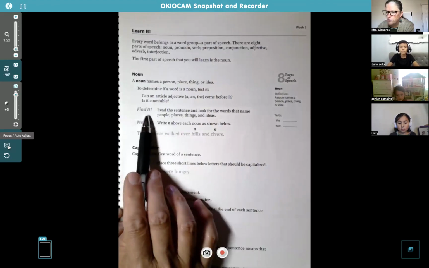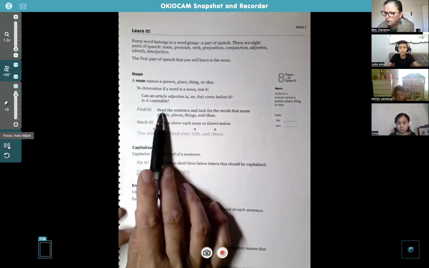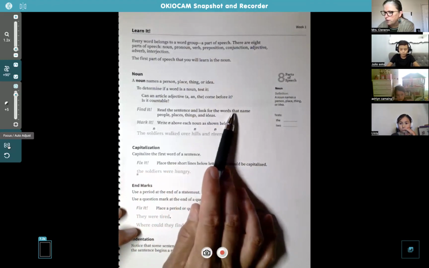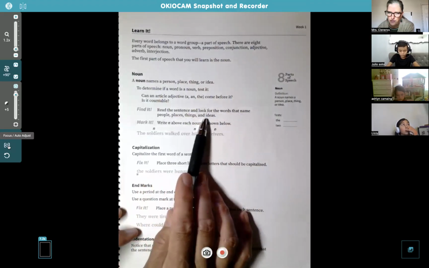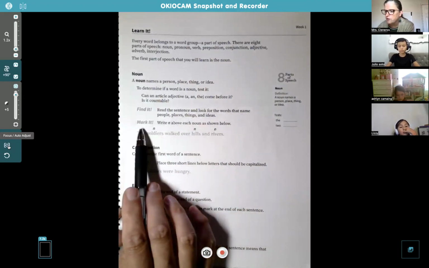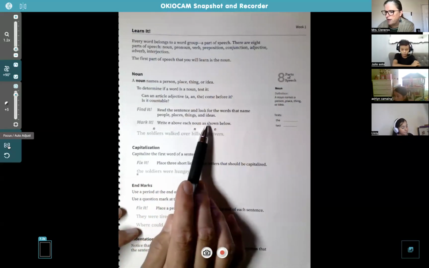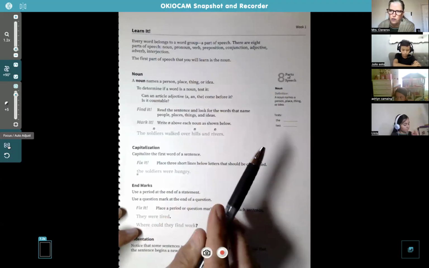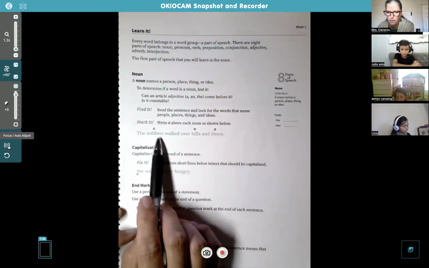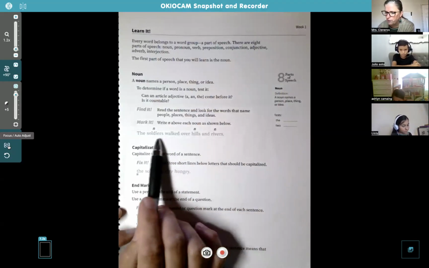So here's what you do in the book. You're going to read the sentence and look for the words that name people, places, things, and ideas. Those are nouns. And then you're going to mark it, write N above each noun as shown below. So you're going to put N for noun on top of the nouns. So here's your example right here.